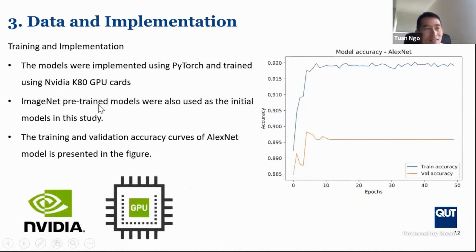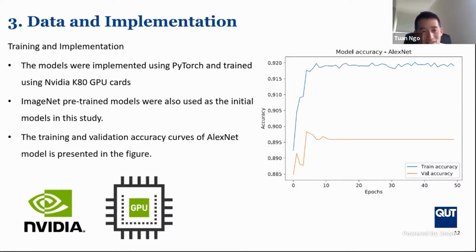So with that, I'm going to show you how we implemented those different models. The models were implemented using the popular PyTorch library, and we used an NVIDIA GPU, which is a cloud-based service using a GPU card.